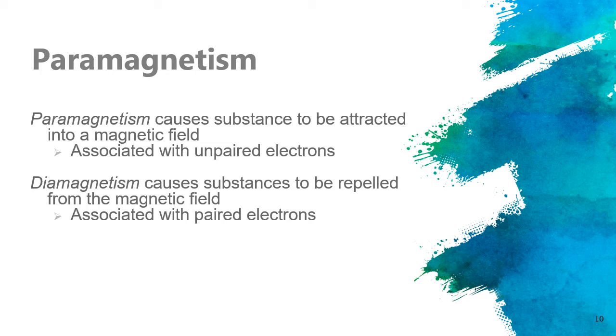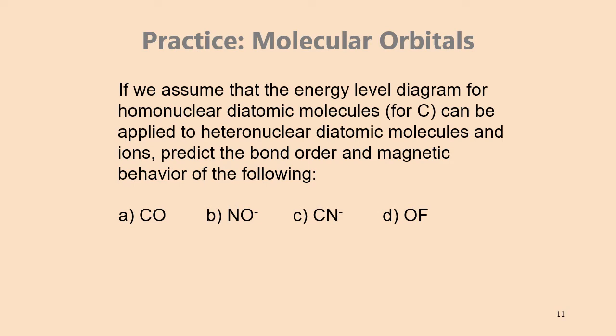Those compounds with unpaired electrons basically have paramagnetic properties. And diamagnetism causes a substance to be repelled from the magnetic field, and this is associated with paired electrons. So it's opposite to each other. Let's do this exercise and discuss the answer with your lecturer.